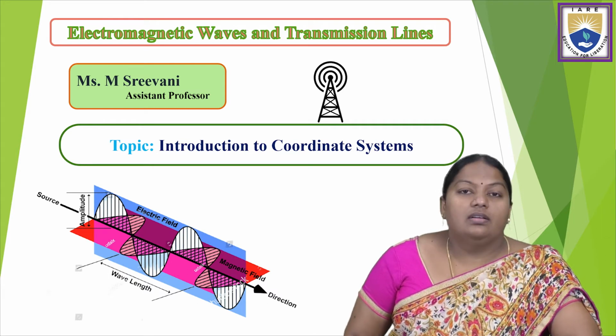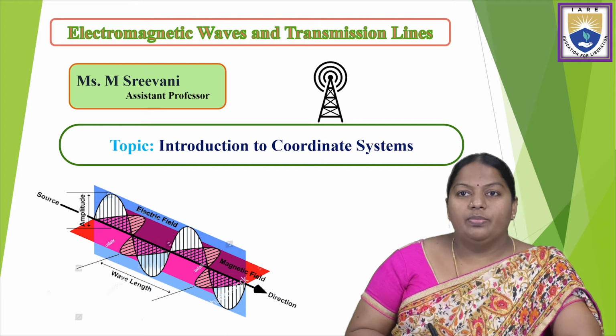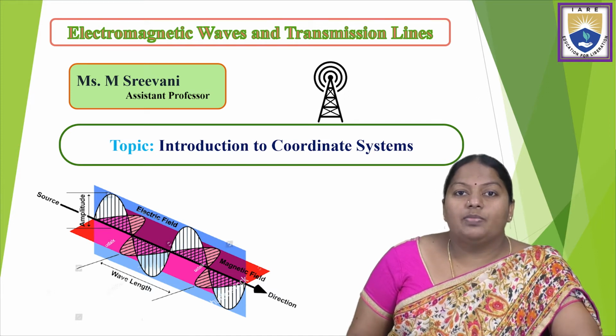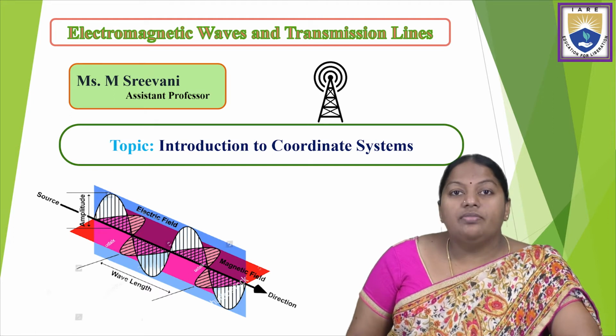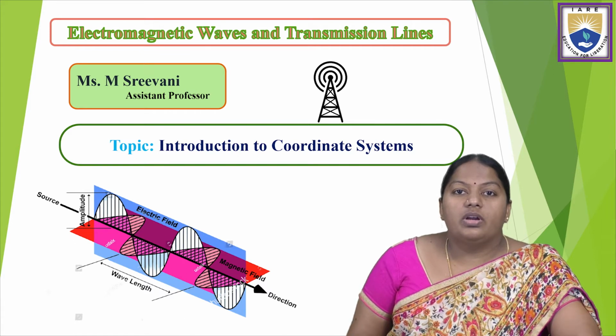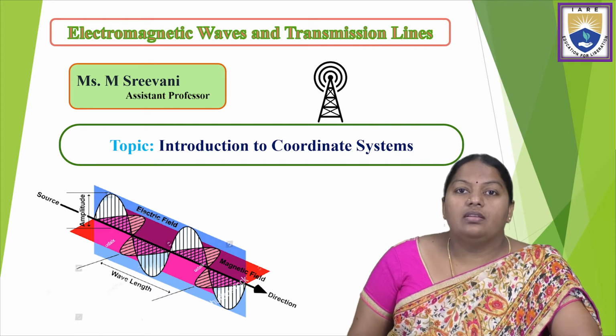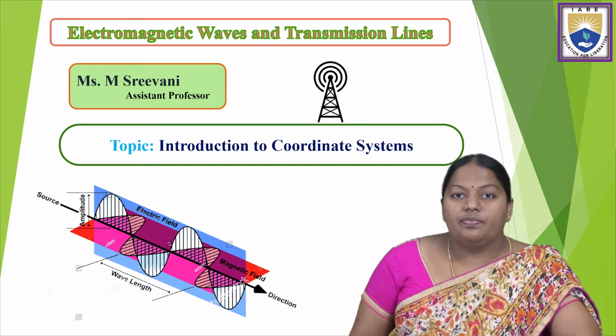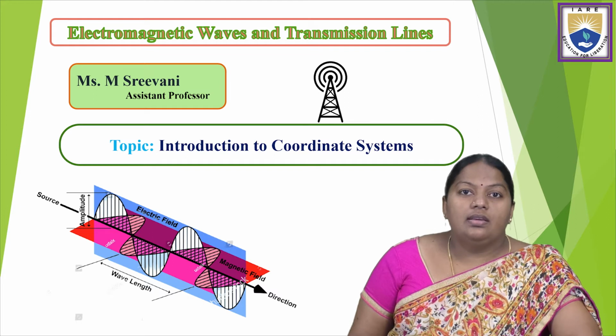In this lecture, we will learn what we mean by a coordinate system, how many types of coordinate systems we consider in the analysis of electromagnetic waves, what the variables are in each coordinate system and how they are arranged in vector form, followed by the transformations from one type of coordinate system into another.